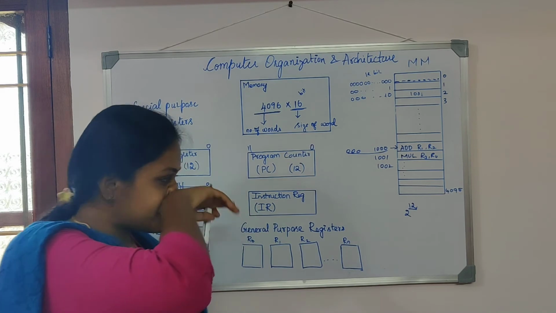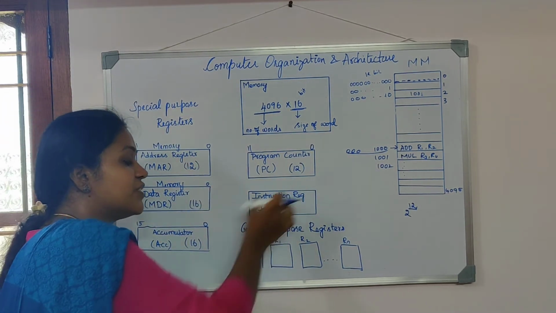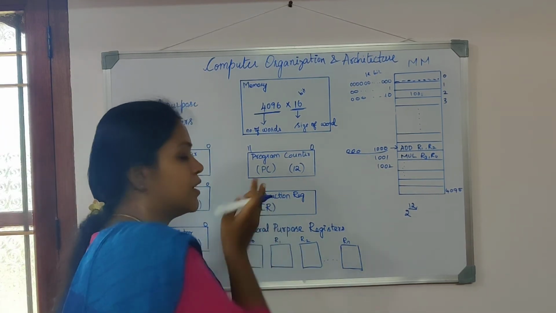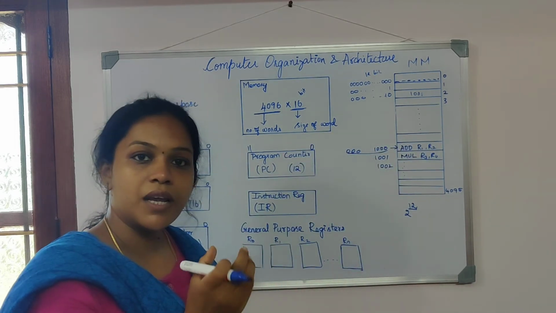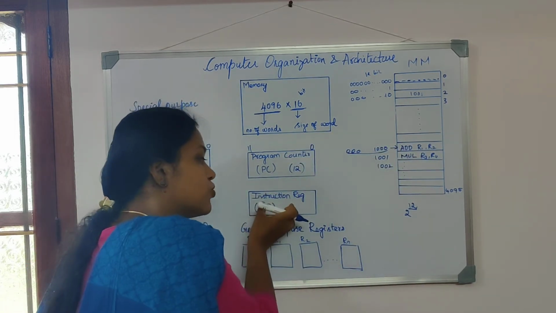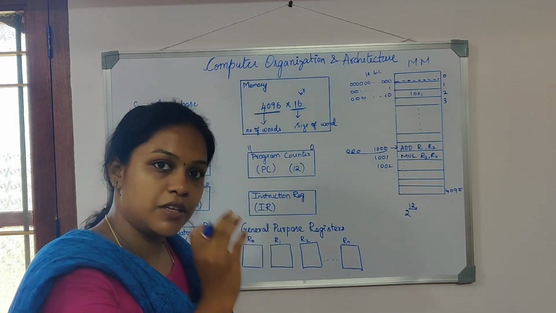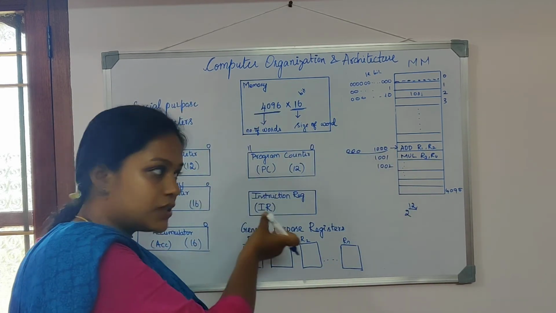Now the last special purpose register is the instruction register. As the name tells us, the instruction from the main memory is brought in and temporarily stored in the instruction register.